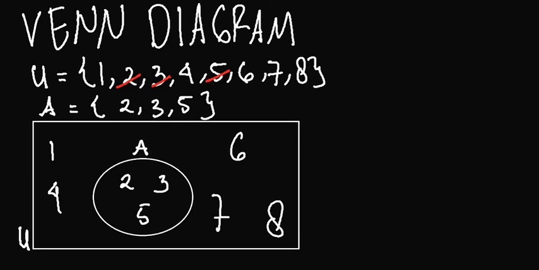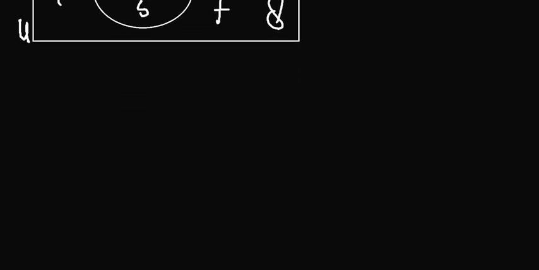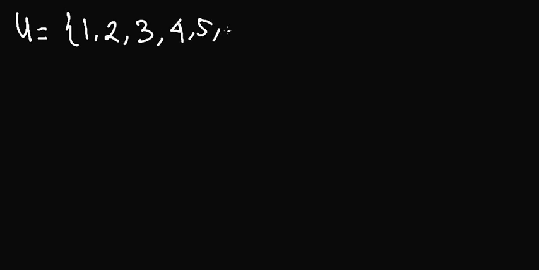Next example, let's make it a little bit more complicated. Let's say the universe is the same, 1 until 8: 1, 2, 3, 4, 5, 6, 7, and 8. But now we have two sets.